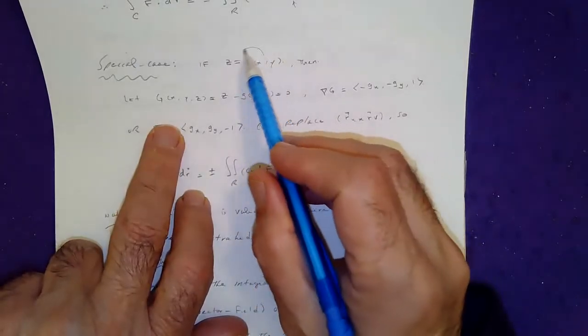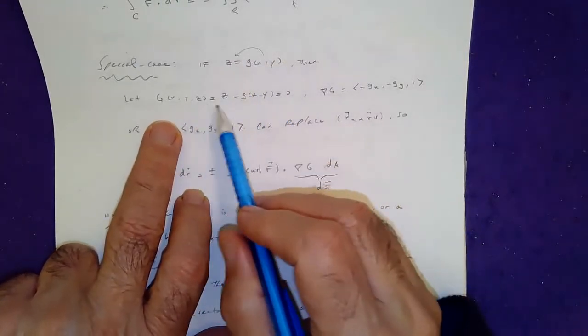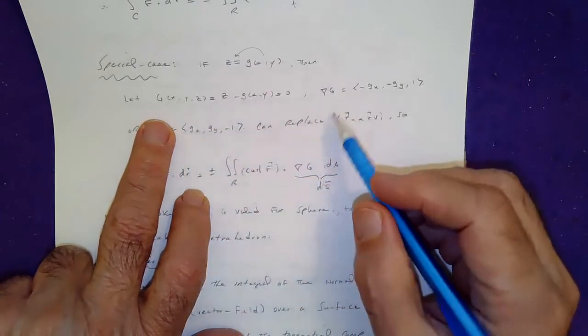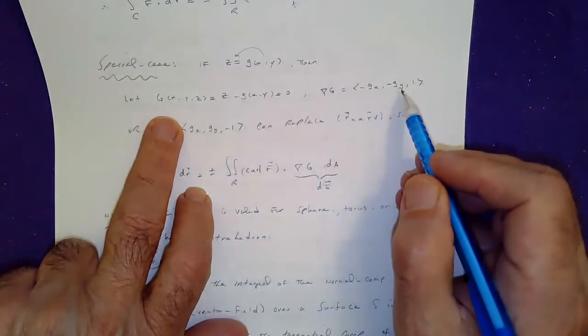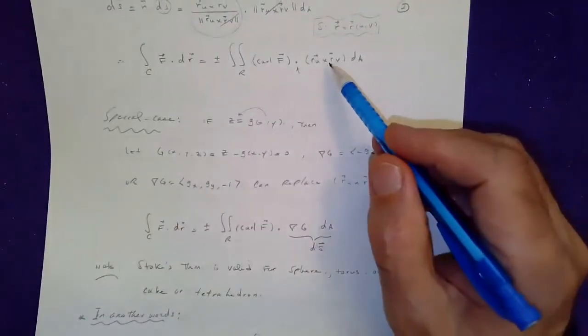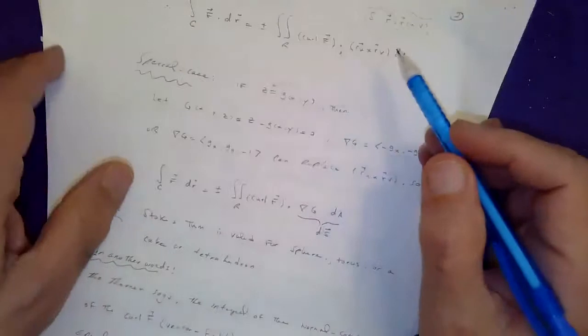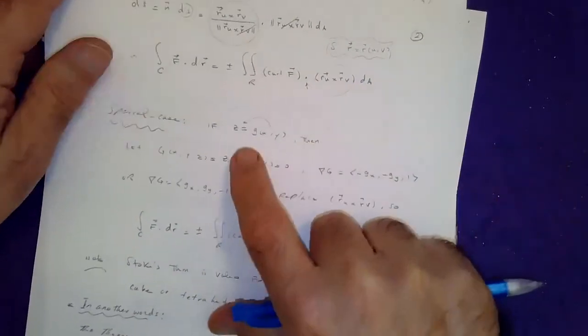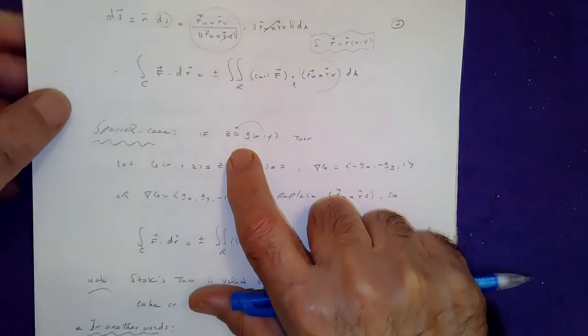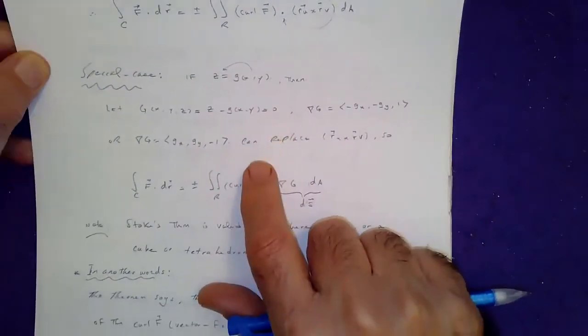move this over and set it equal to 0. We call that function capital G. And the gradient of G can replace this cross product right here, provided the equation of the surface looks like this, which is explicitly in terms of x and y.